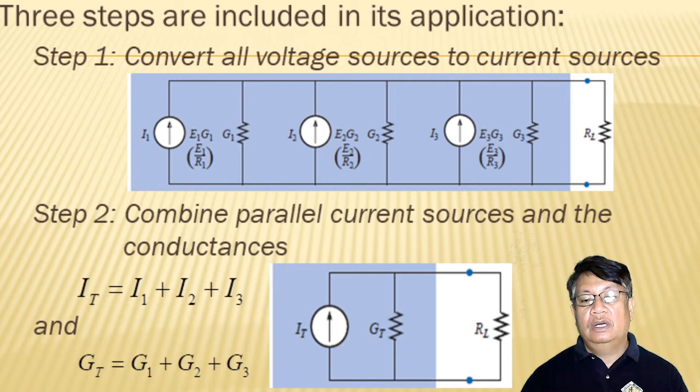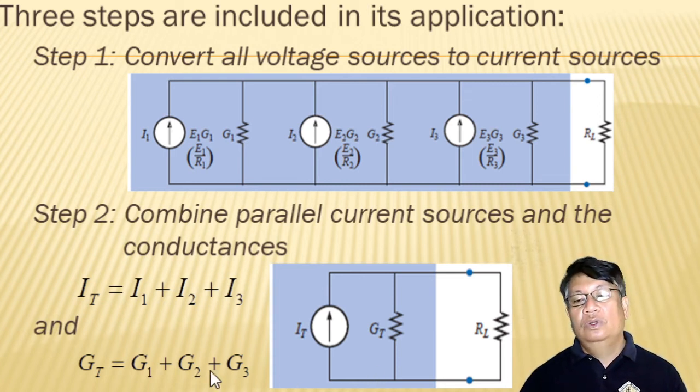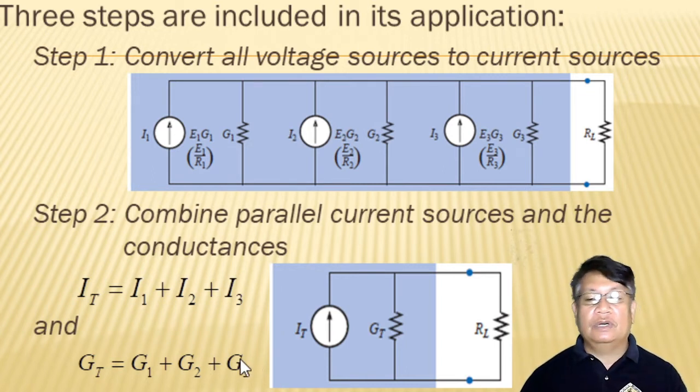Or 1 over total resistance is equal to 1 over R1 plus 1 over R2 plus 1 over R3. That is for resistance, and this equation here is for conductance. Therefore, your total conductance is equal to G sub 1 plus G sub 2 plus G sub 3.